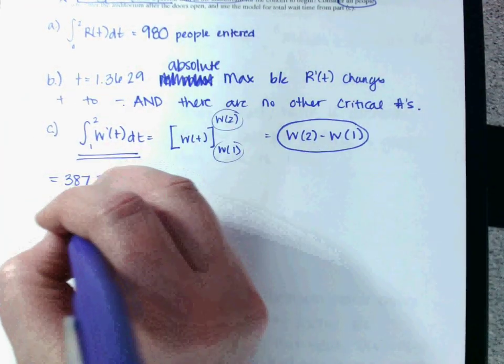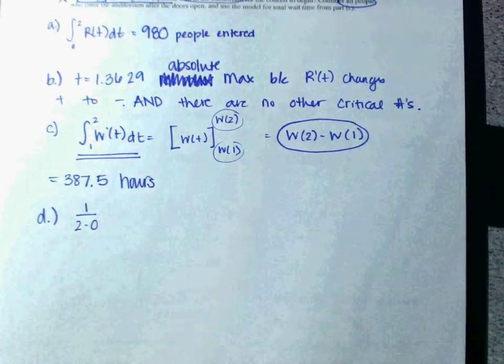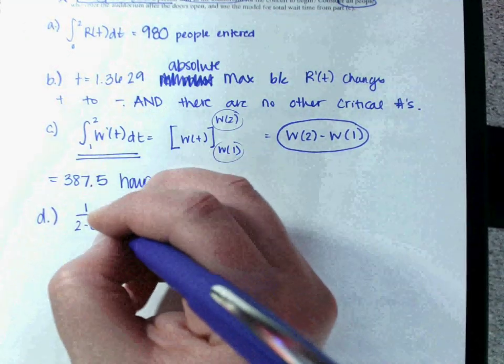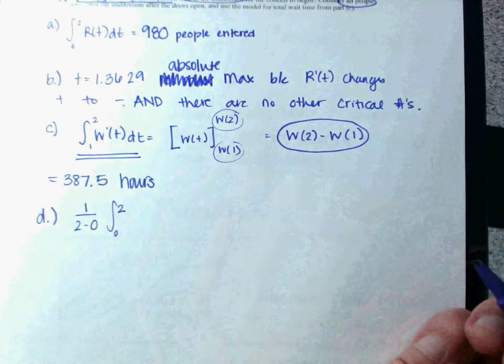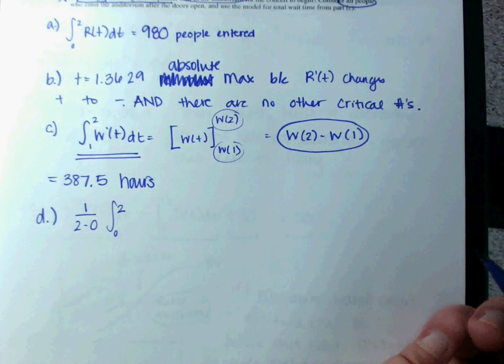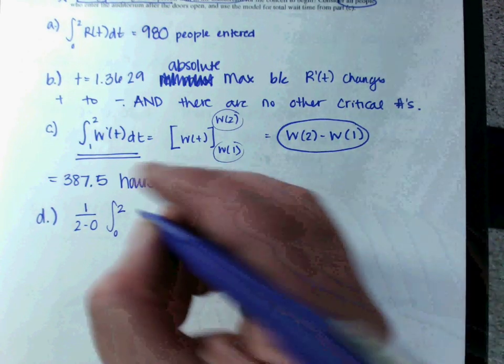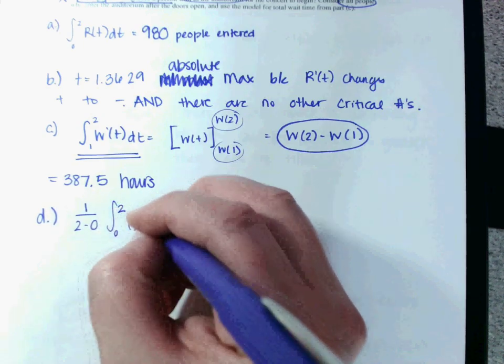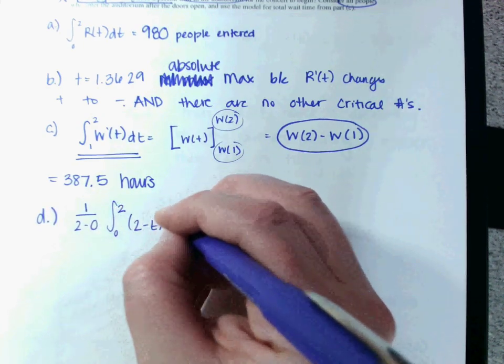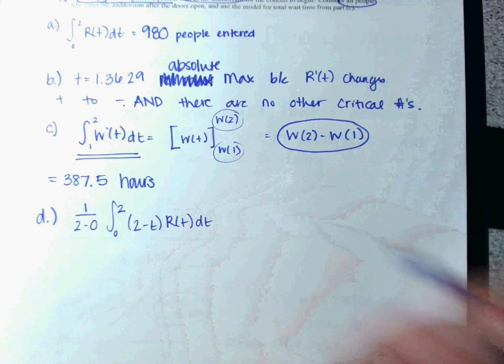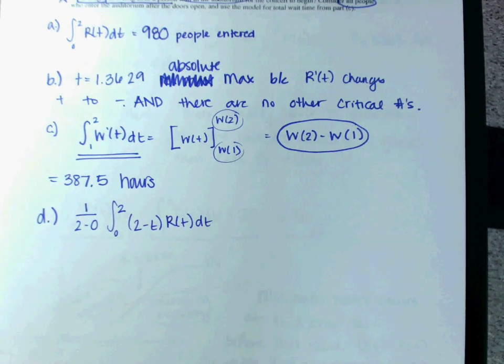So I'm going to do 1 over 2 minus 0, then the integral from 0 to 2, and then I'm going to integrate my wait time function, which is 2 minus t, and then my r of t, which is really my y1. So you would just have to think, I want to do my average value.